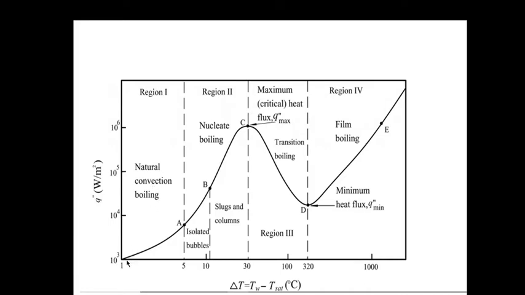In that region we consider that there is almost a linear behavior of the curve, and the heat flux increases linearly with the temperature difference. And then we move to the second region, nucleate boiling.